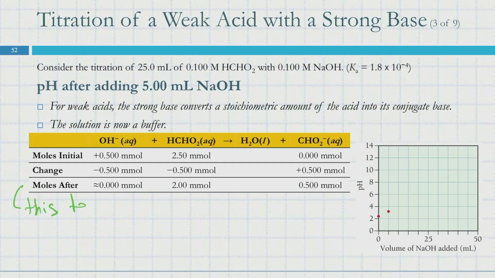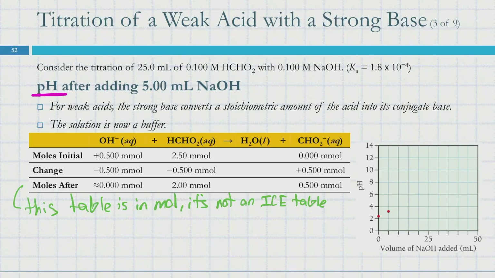Note that this table is in moles. It's not an ice table. It's more of a stoichiometry table. We want to calculate our pH after adding in those 5 milliliters of sodium hydroxide.